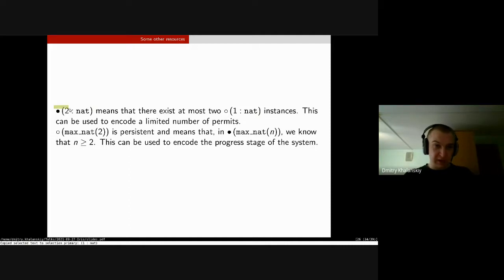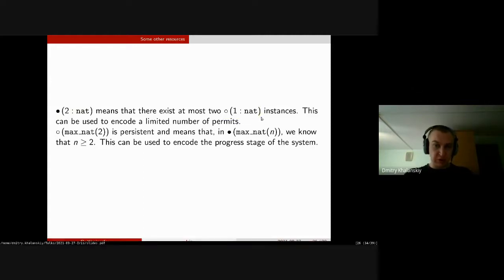So if you have an invariant somewhere and you want to give no more than, say, 2 threads permits to do something, you can encode it using the authoritative resource algebra along with the natural number resource algebra. And the structure of the authoritative resource algebra will ensure that you won't have too many permits, too many threads running in parallel where they shouldn't.